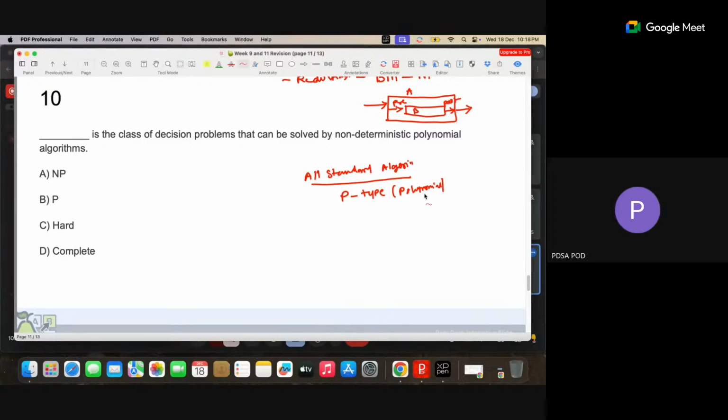These are polynomial. But some problems are hard problems, like knapsack and traveling salesman. 0-1 knapsack itself is hard: whether you pick the item or not. It is one best example where the solution is exponential.